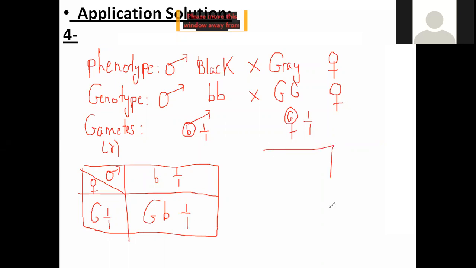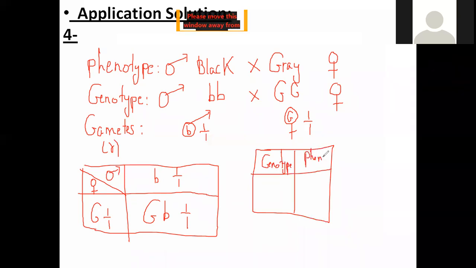Table of result, what do we have to put? We have to put genotype and phenotype. This is how to do the table of result. Here the genotype is Gb, 1 over 1. So what is the phenotype?